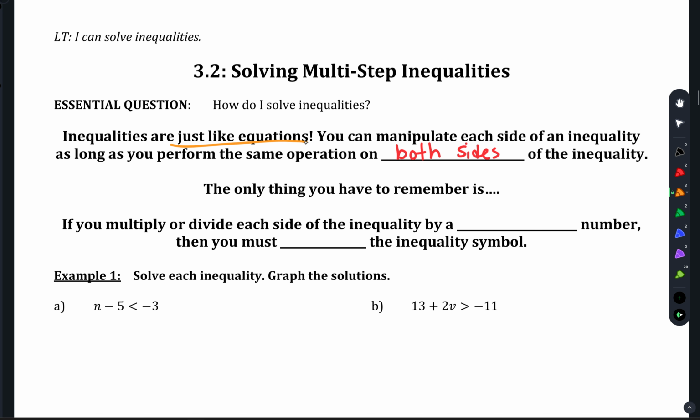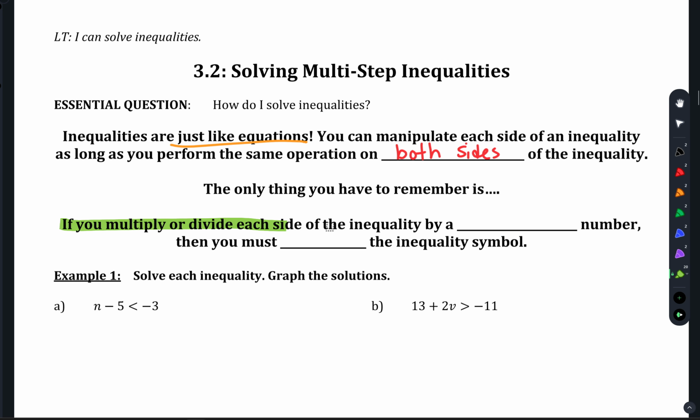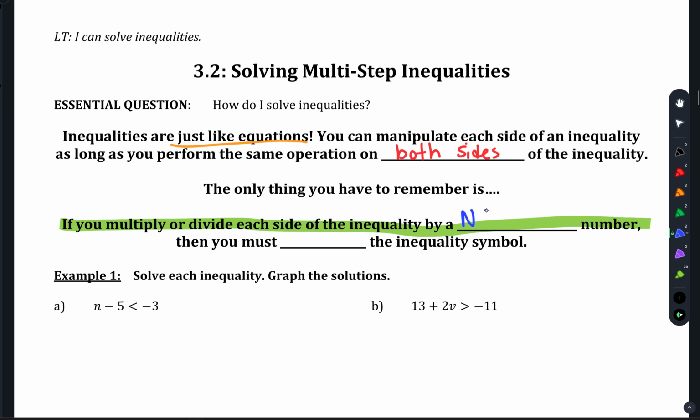Same thing. The only difference, there is one thing we have to watch out for, and that is if you multiply or divide each side of an inequality by a negative number, we have a special rule.